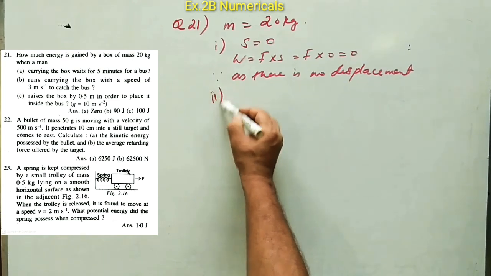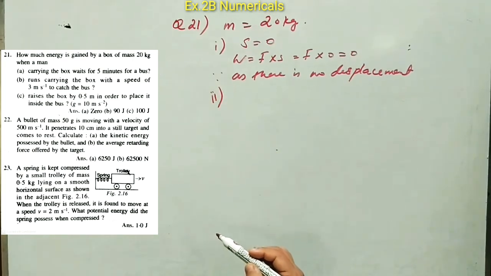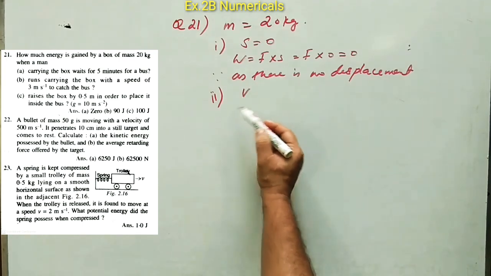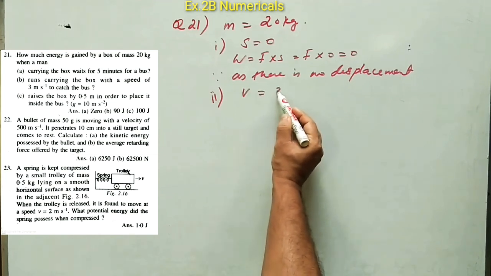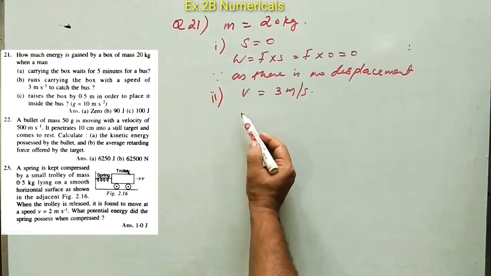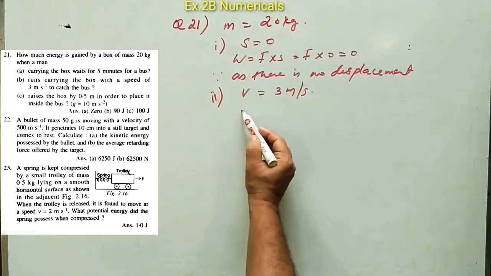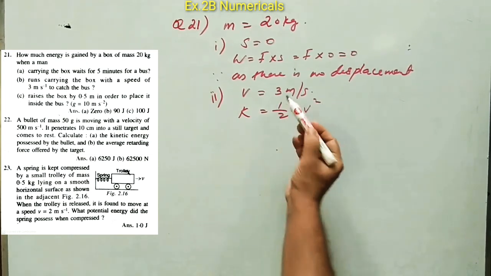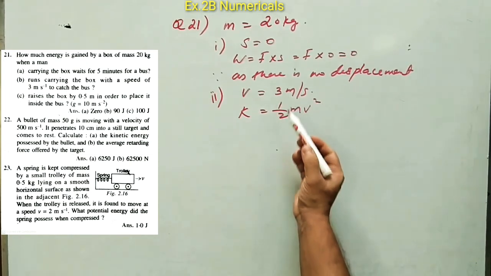Now the second case: runs carrying the box with a speed of 3 meter per second to catch the bus. So how much energy is possessed by the man? The energy possessed by the man will be kinetic energy. Kinetic energy is equal to half mv square, as he is in motion with a certain speed.